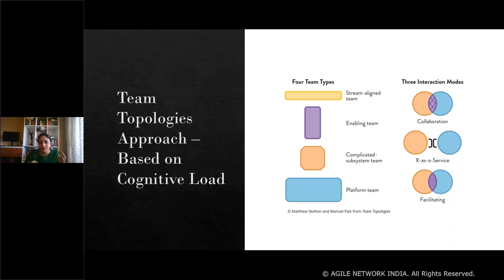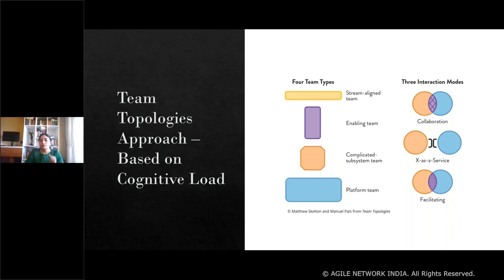So there are some examples you can understand, like writing the business logic of a complicated subsystem to offload the stream aligned team from the cognitive load. For example, in financial services, actuaries and underwriting teams, or in payment solutions, the billing service. These are some of the examples where the complicated subsystem team is implemented.